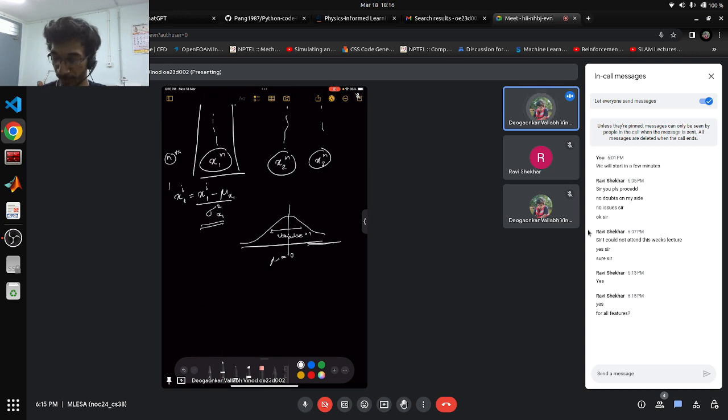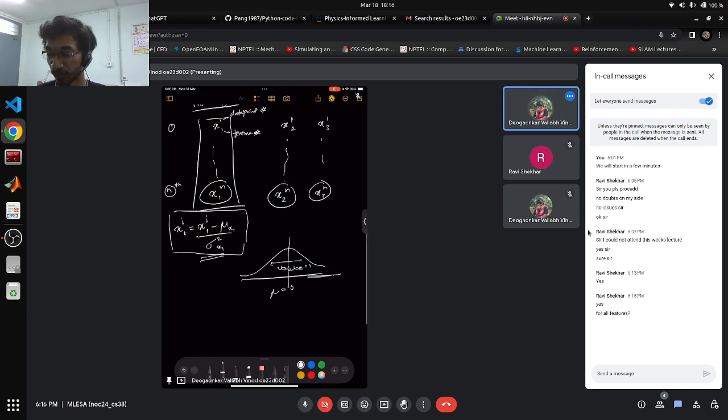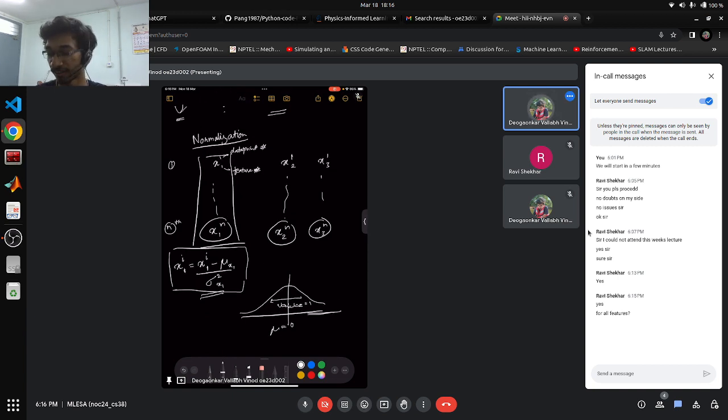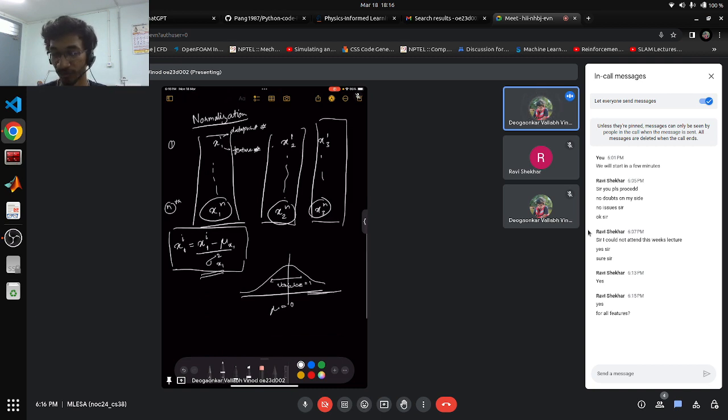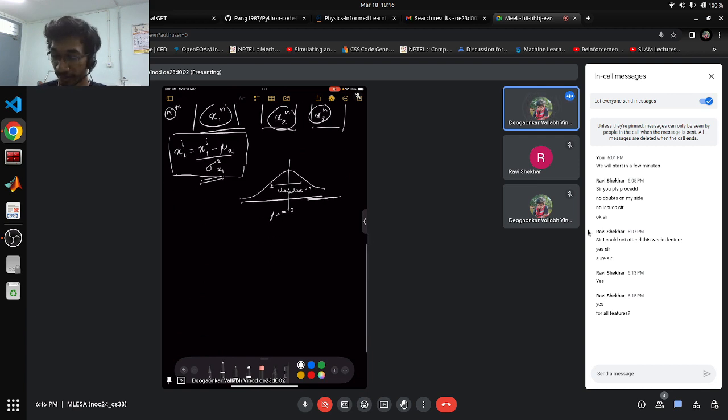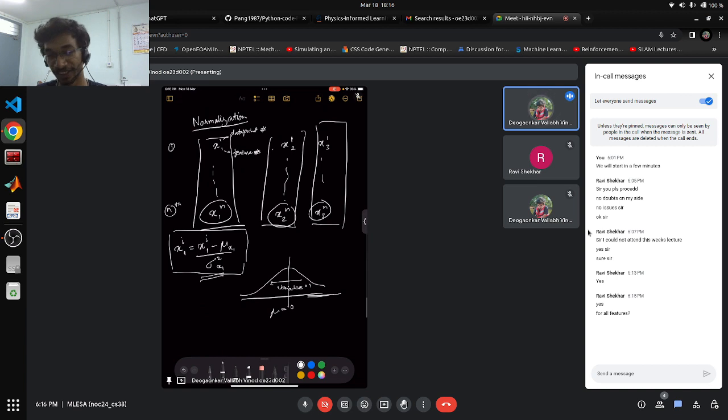So doing this operation makes that happen for all features. First we did it for the first feature, we'll do it for the second feature also, and for the third feature also, and you will in fact reformulate all the features, and then you again have a set of data.